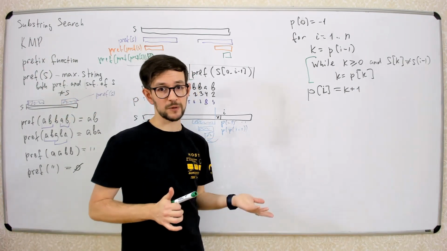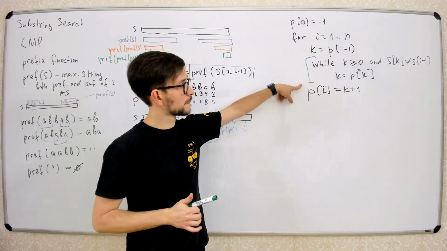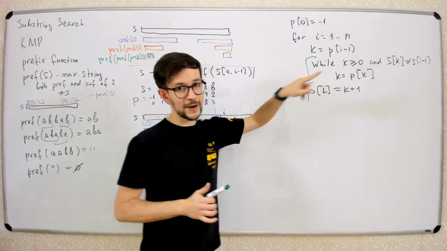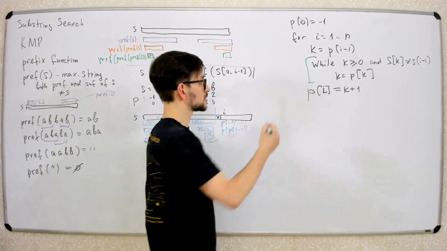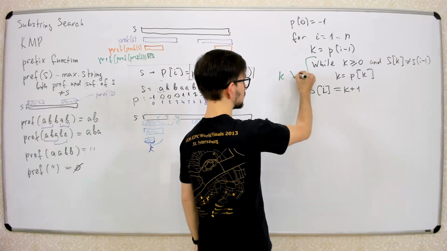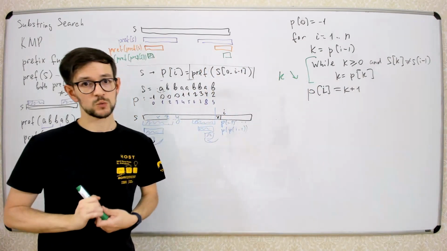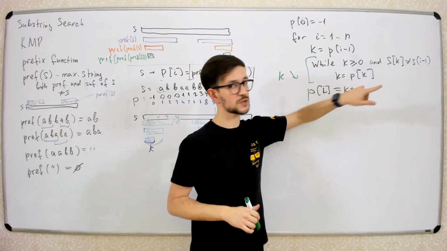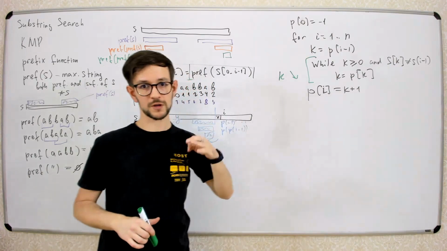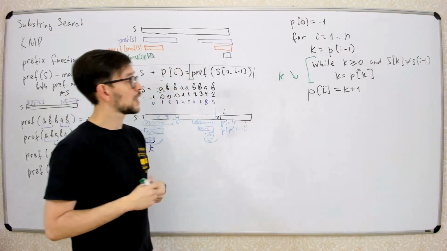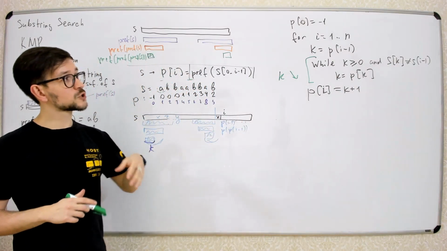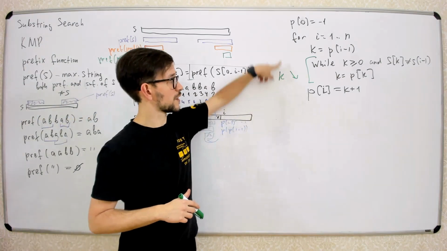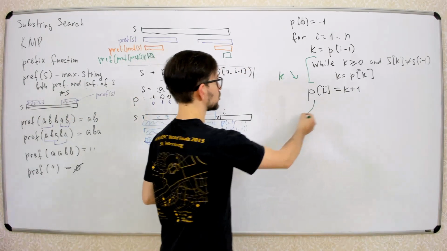What happens to this variable k? In this while loop, the value of variable k is always decreasing. On each iteration, we move to some smaller value. So p of k is always strictly smaller than k. Now, what happens to variable k when we move from one iteration to another?